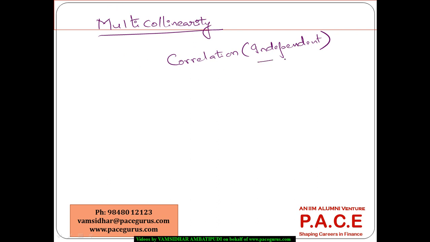Whatever are the independent variables, if I see the correlation between them is very, very high, it is difficult to estimate the regression coefficients effectively. And that situation is what we call a multicollinearity situation.